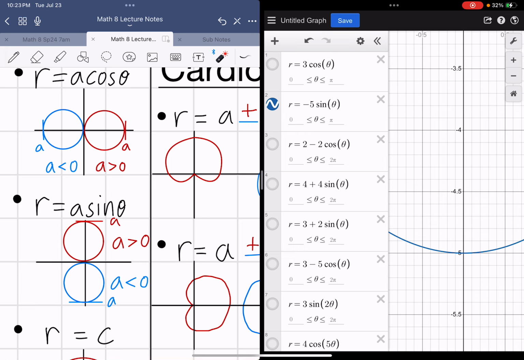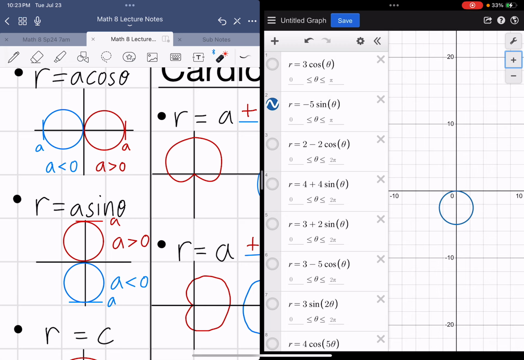Even though it's a -5, it goes to the -5 on the y value. Whereas for the cosine, that showed us, since it was a 3, we know how far that went on the x-axis, to +3. So those are little things we can start picking up.